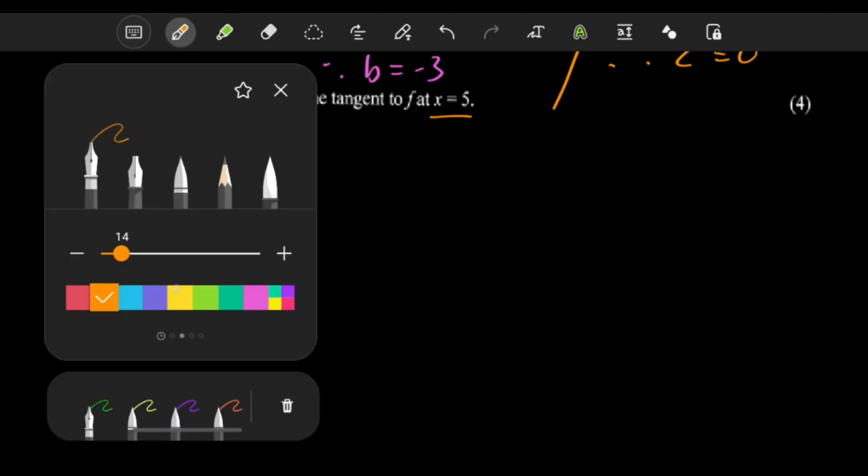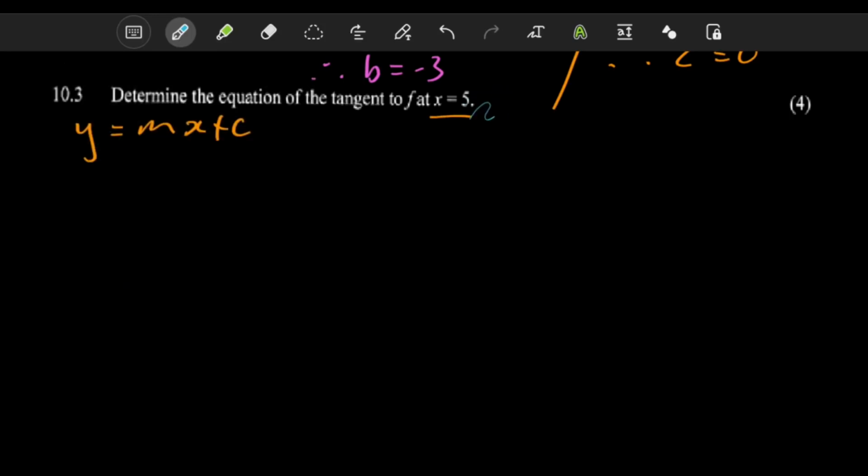We just need its y-intercept and its gradient. Its gradient we can get by getting the gradient of our parabola where x is a 5. We need to throw an x value of 5 into the gradient equation. That is going to give us the gradient where x is a 5.